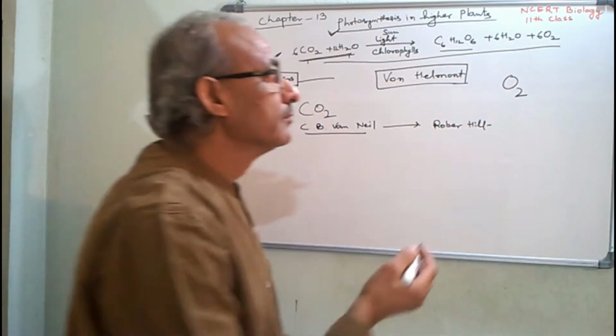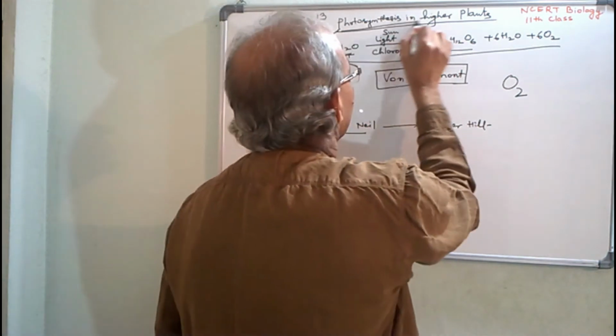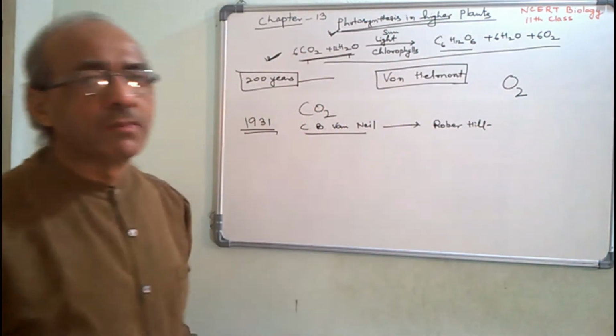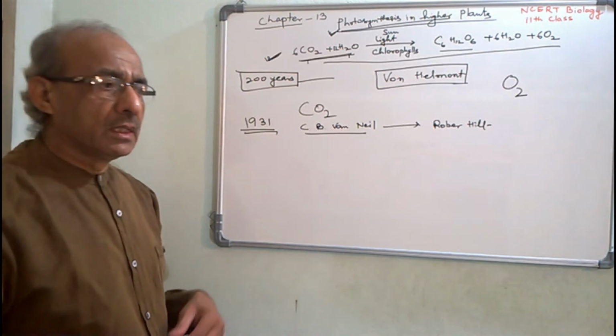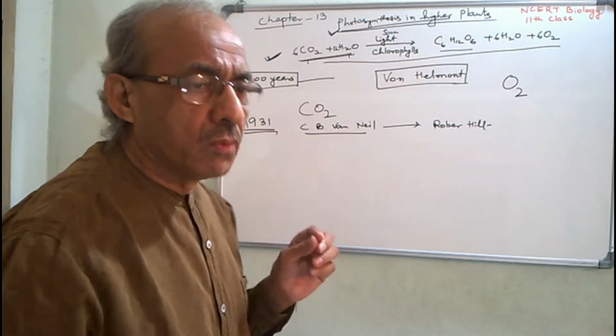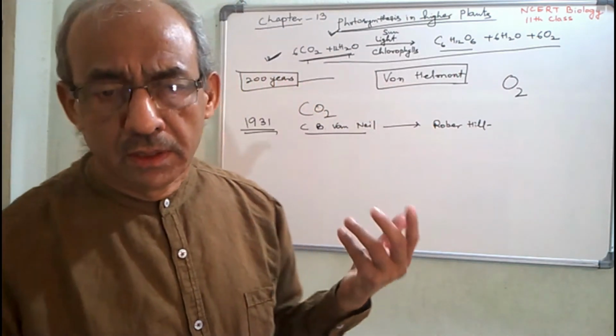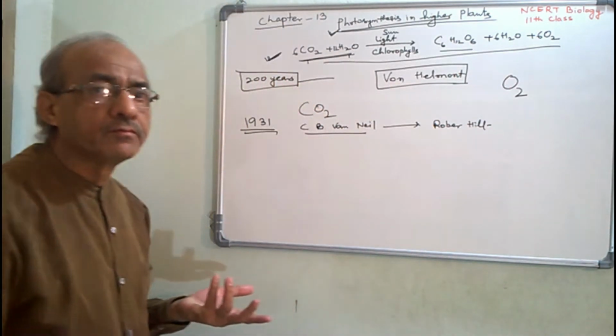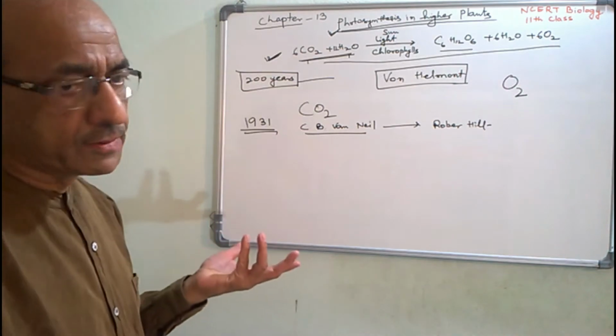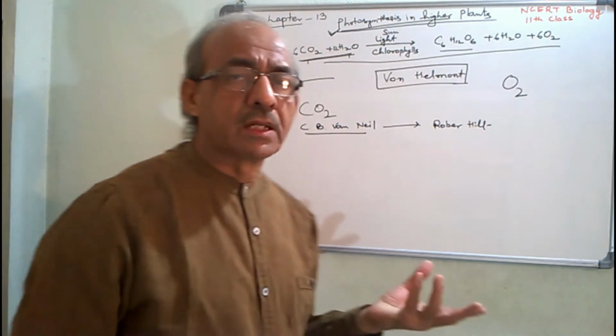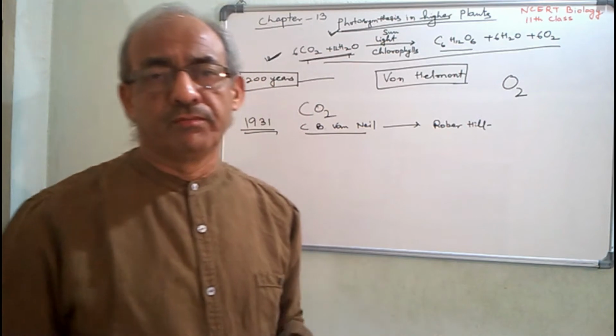That means the green plants, by way of photosynthesis, are the only organisms producing food for the entire world. They are autotrophs, and so they are called universal producers.